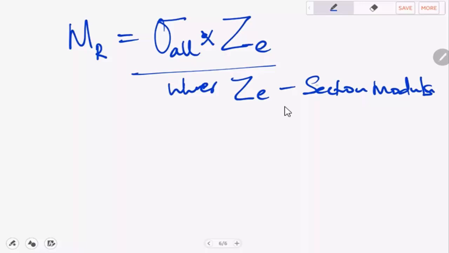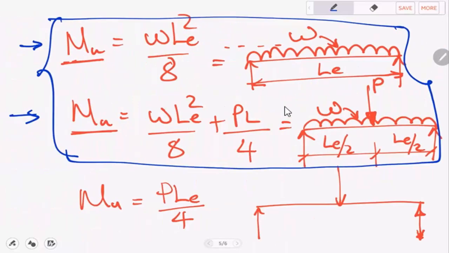Right. What is section modulus? It's representing the resistance which is offered to bending by a shape. Right. So it's a geometrical property. Then what is sigma allowable? It is the strength of the material.